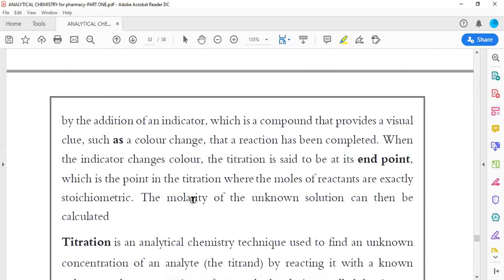And of course, we add an indicator. Why do we add indicators? When we add acid to base or base to acid in titration, how can we know where the end point is, where that acid neutralized that base?